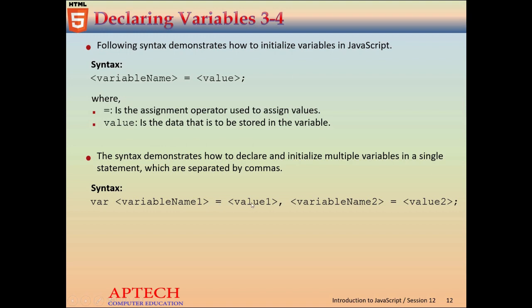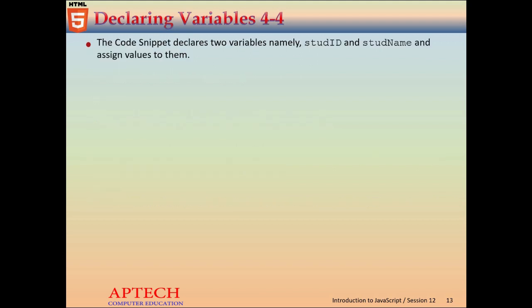Var variable name equals value, comma, the next variable equals value. So the var keyword can be used for creating an integer value, a string value, a character value, a Boolean value, and so on. So for example, var variable name, var variable name. The variable name is stud id, initialized with a value. Stud name initialized with a value.